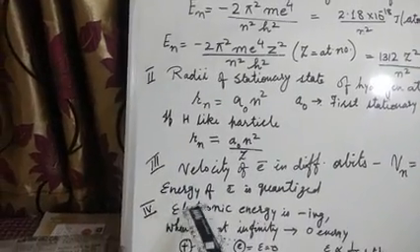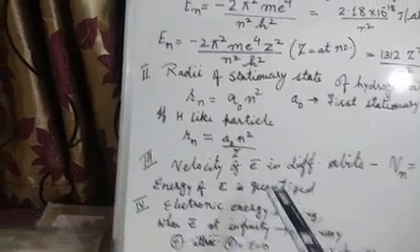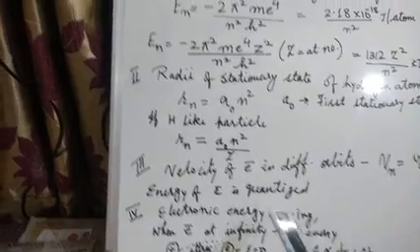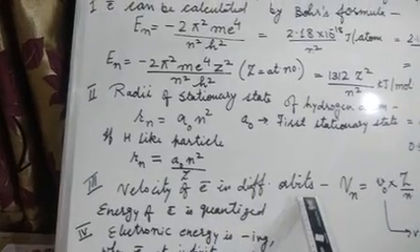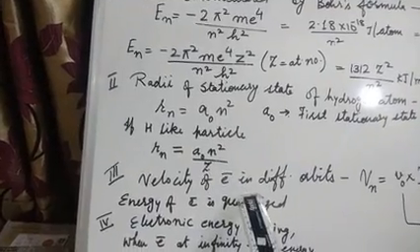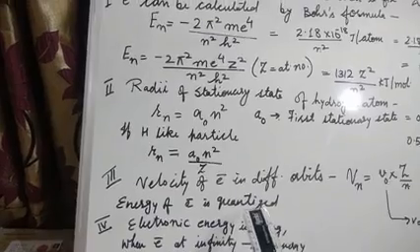Next formula he gave, there are many formulas, students, and you have to remember these formulas given by Niels Bohr. Next thing, he gave the velocity of electron in different orbits. If electron is present in K shell, what will be its velocity? If electron is present in L shell, what will be its velocity?